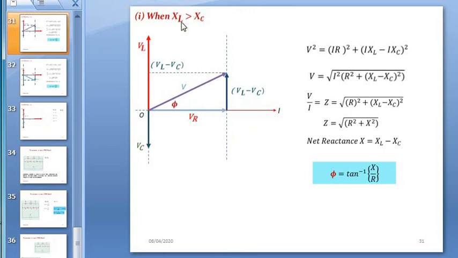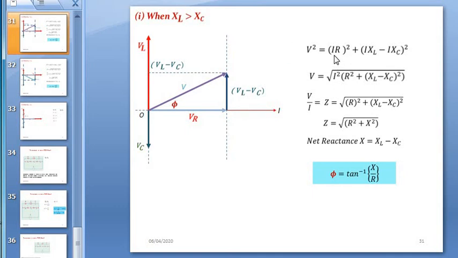When XL is greater than XC, this is an inductive circuit, and in an inductive circuit the current is lagging. Therefore, here also the current is lagging behind the voltage by angle phi. Then mathematically, V square is equal to VR square plus (VL minus VC) square.